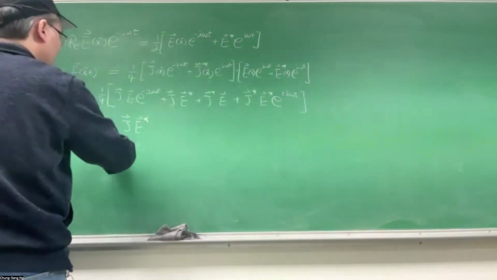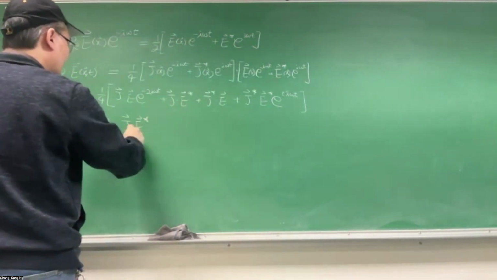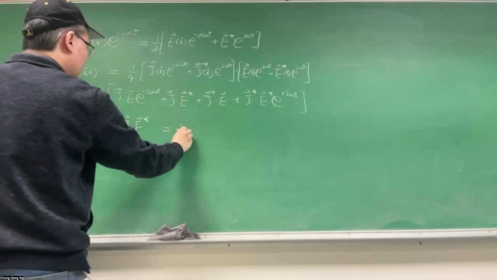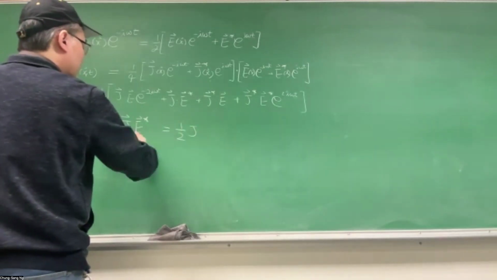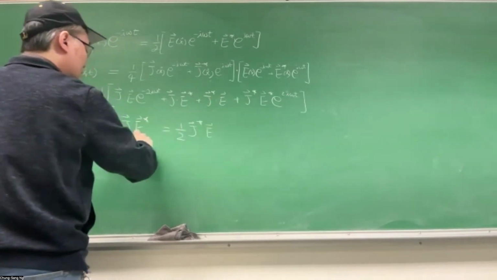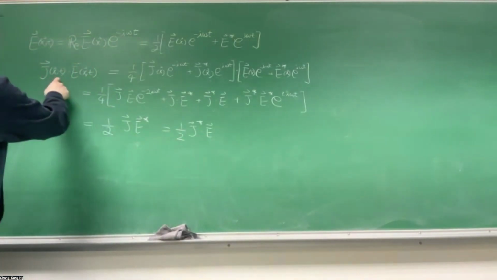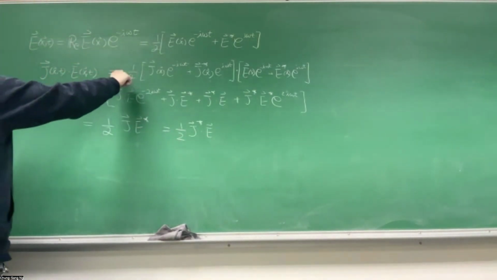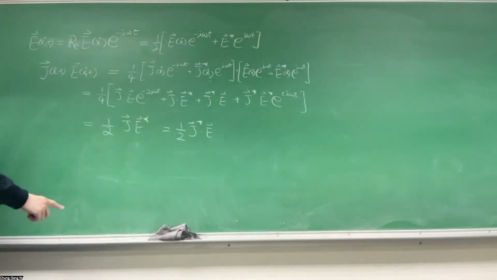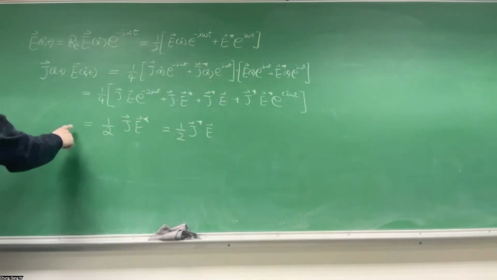You can use either one of them. You can use this one or this one, because taking the real part of this one or that one is the same. These 2 are just complex conjugates of each other. So basically, when you have a product, everything is oscillating at the same single frequency.